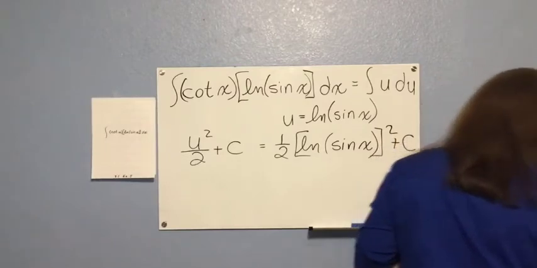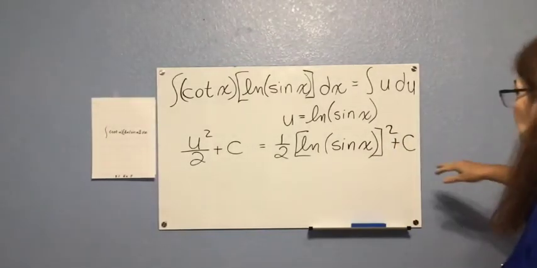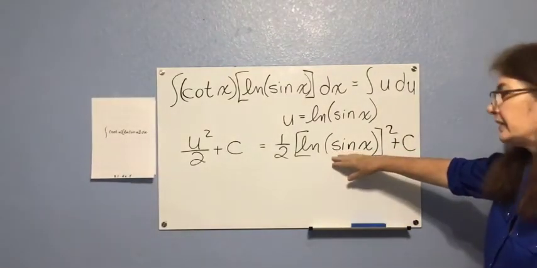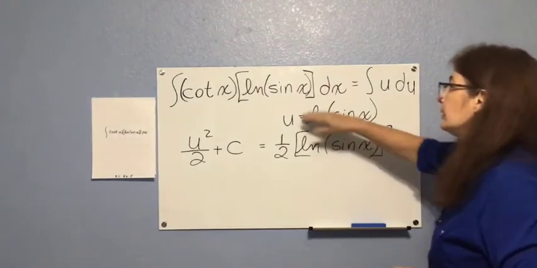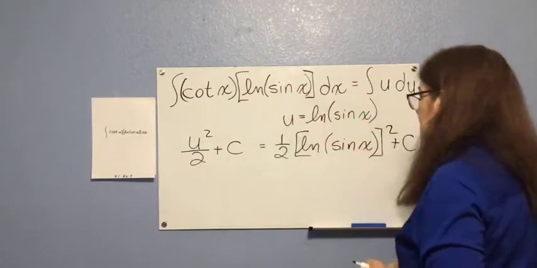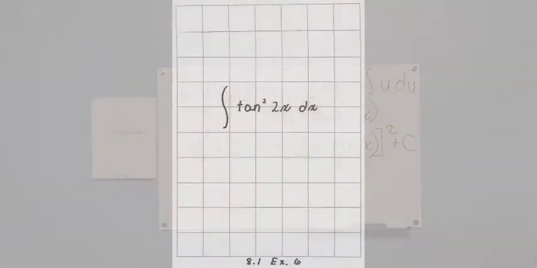Plus our constant. Okay, if you want to check your work, you could take the derivative of this and make sure that you end up with what you started with.